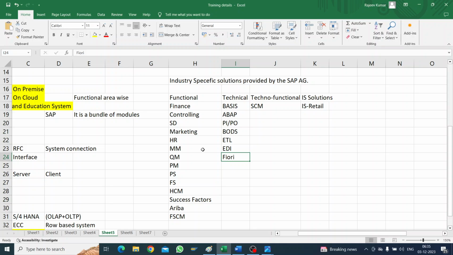Fiori is not available in the ECC system, and this is another way of logging into the SAP system, which is a browser based system. Now you can think about techno-functional as SCM. SCM is nothing but supply chain management, right? So these are the various modules of SAP what we have.